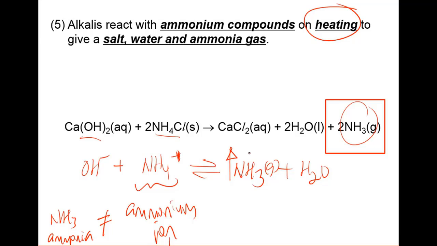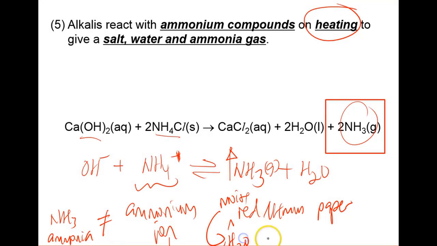Okay, and because NH3 gas, when dissolved in water, gives us OH-, we can test for this gas with red litmus paper, which is moist. Why moist? Because we need to have water present to allow the OH- ions to exist.